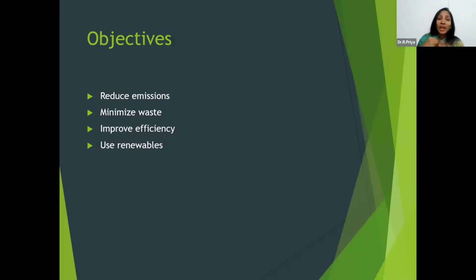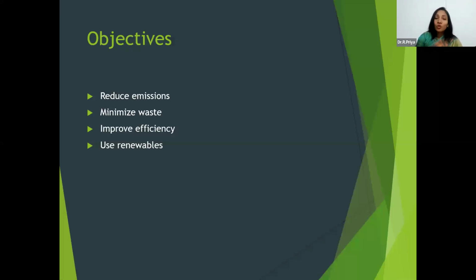Then more efficiency, that is also one of the objectives. It means using less energy, fewer materials, and less time. How can we improve the efficiency?